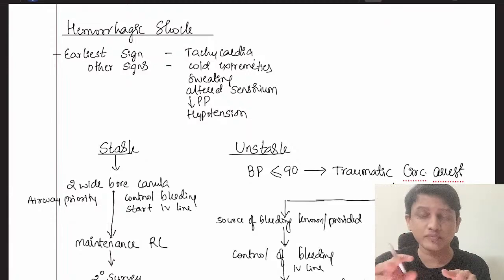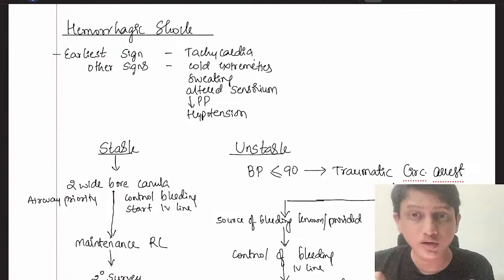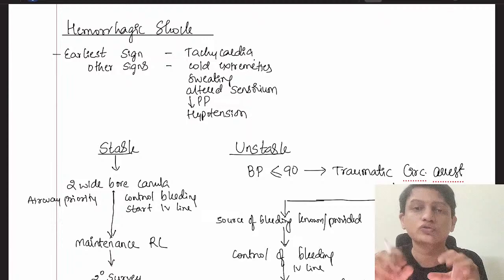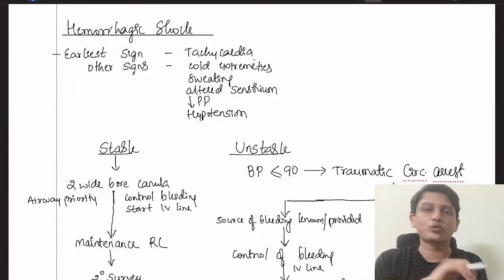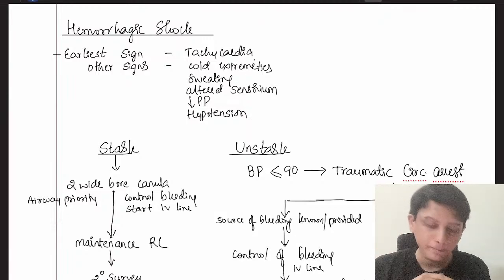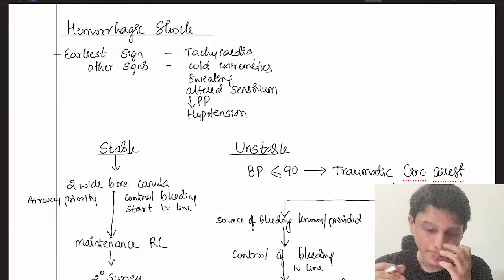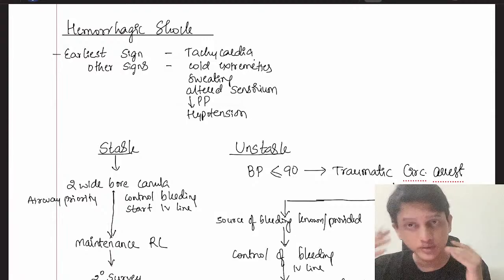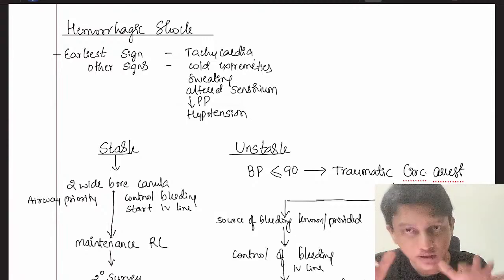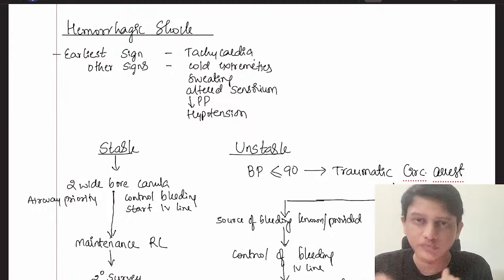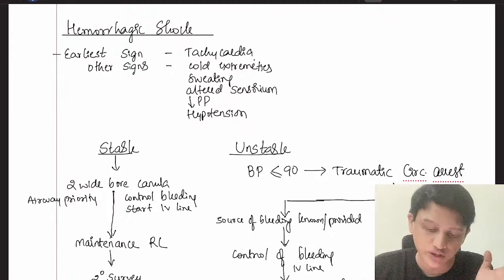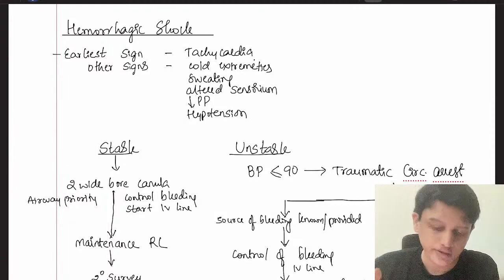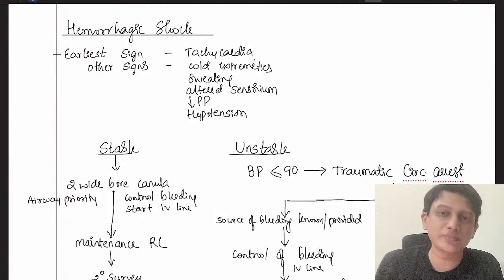Because of vasoconstriction, the body is trying to safeguard against bleeding, so all the vessels go into vasoconstriction, the temperature comes down, and the extremities become cold and clammy. Profuse sweating will be there, and altered sensorium may be there as the patient goes into hypotensive shock. Blood supply to the brain comes down, so brain activity comes down, and the patient may become drowsy. Decreased pulse pressure and hypotension. Hypotension is the last feature, I told you. These are all the signs with which a patient may come to you.